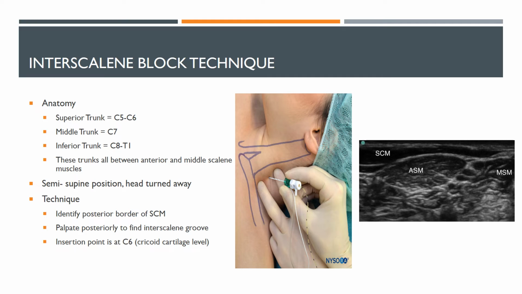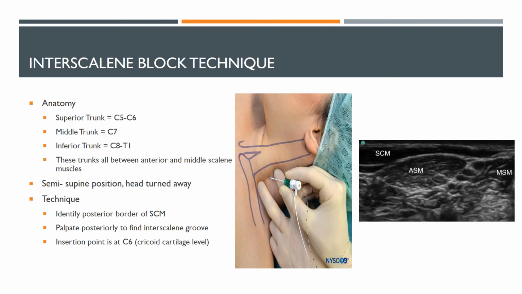Each of these trunks runs between the anterior and middle scalene muscles, as we can see on the ultrasound image on the far right of the screen. The anterior scalene muscle is the large muscle on the left. The middle scalene is all the way on the right, and then the three trunks we can see in the middle, we often call the stoplight sign.